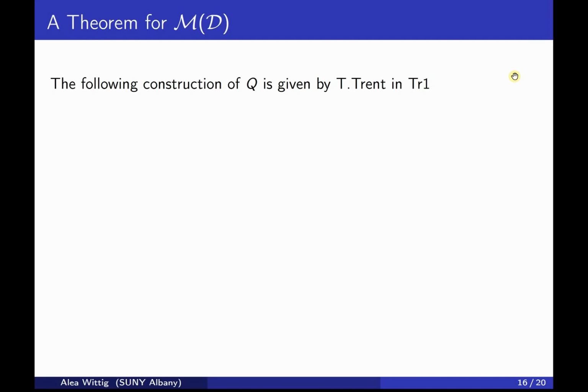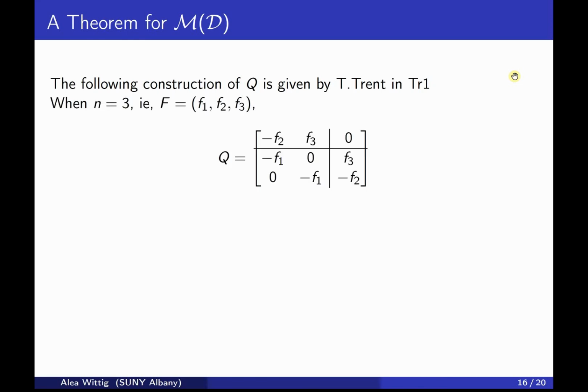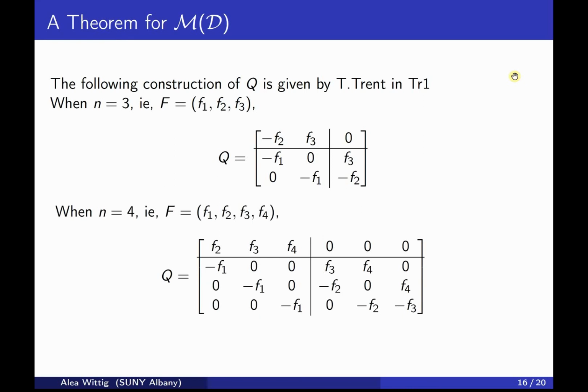So the following construction of Q is given by Trent in one of the references. It's easy to see in the finite case. First, for n equal to 3, we have Q as this matrix here. Really easy to show that FQ is equal to 0 there, and that equation is satisfied. Similarly, for n equal to 4, we have this similar kind of setup here, right?